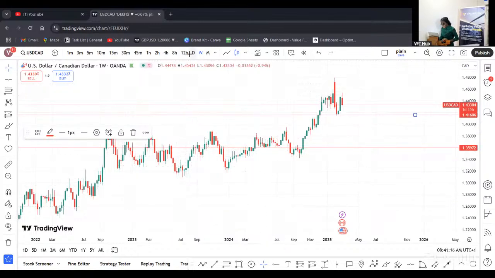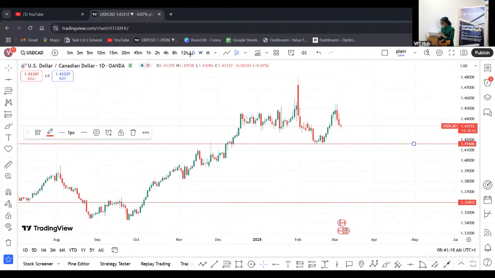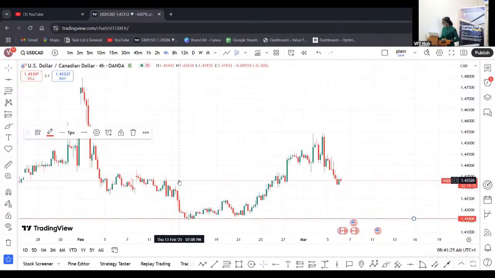So I am actually looking out for a sell to buy on much higher time frames for USD CAD, and on the 4-hour time frame, right?